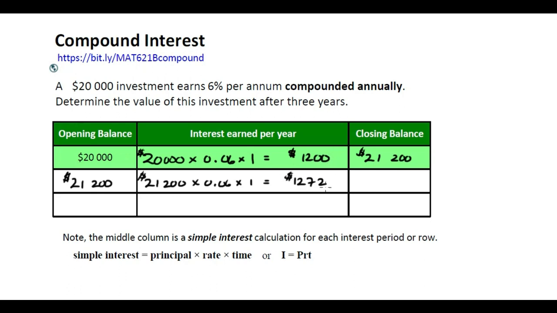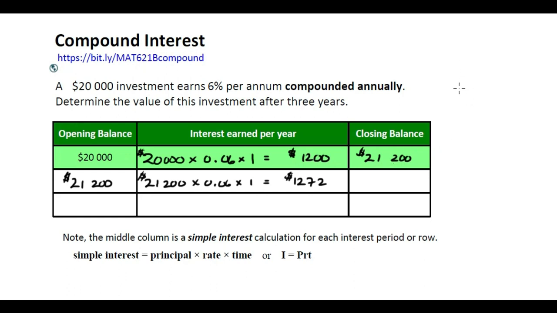I did these calculations before, so we don't have to watch me switching back and forth between the calculator. But notice now we've earned $1,272 in interest during the second interest period. And if you're asking yourself, where did that $72 come from? Well, we gain 6% not just on our original investment or our principal, we gain 6% on the interest as well.